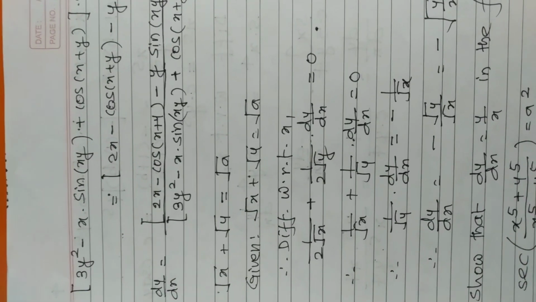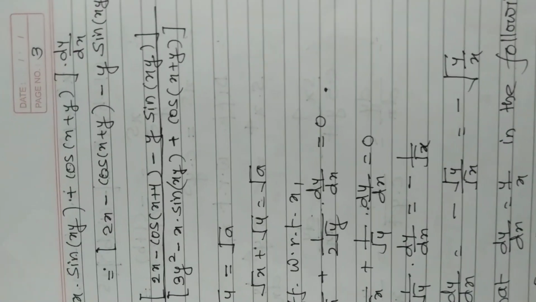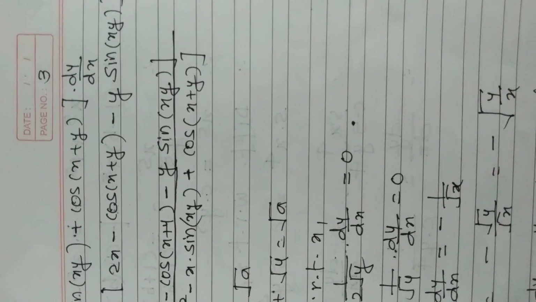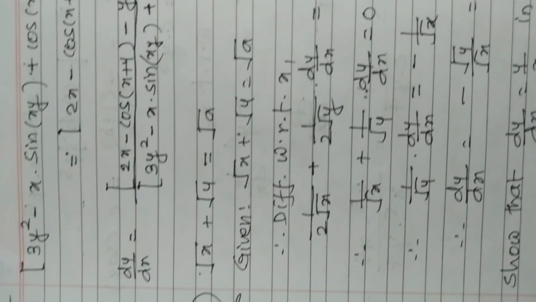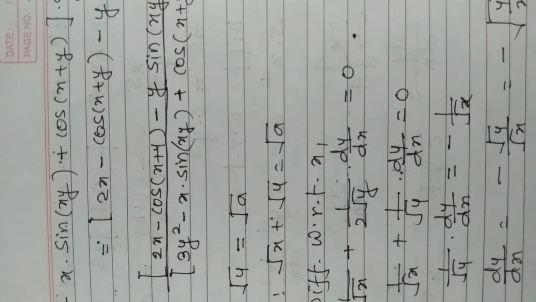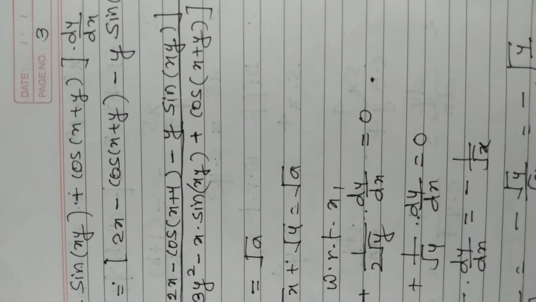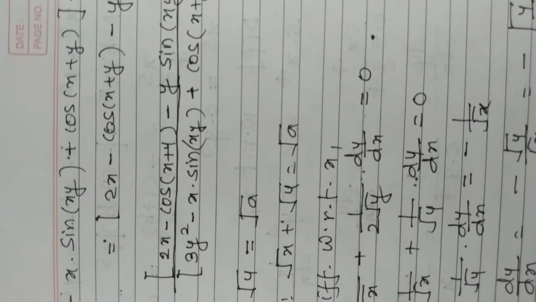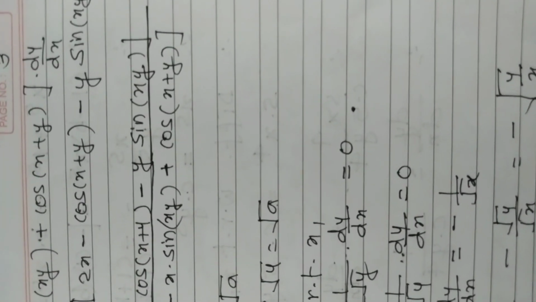Separating the terms of dy by dx and without dy by dx, the value of dy by dx is numerator 2x minus cos of x plus y minus y into sine of xy, divided by 3y square minus x into sine xy plus cos of x plus y.